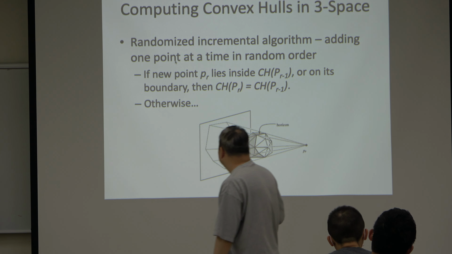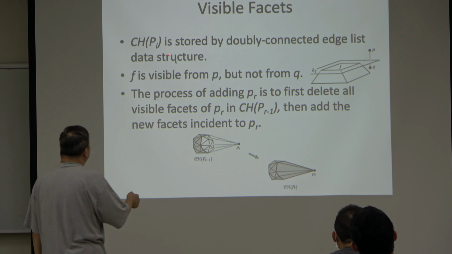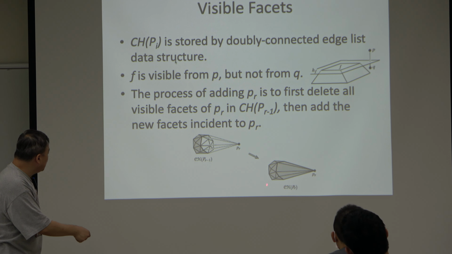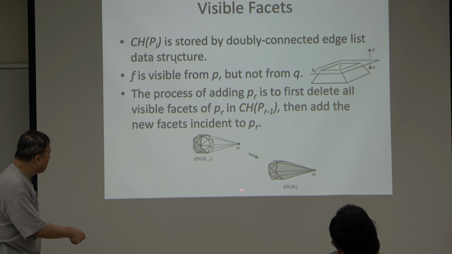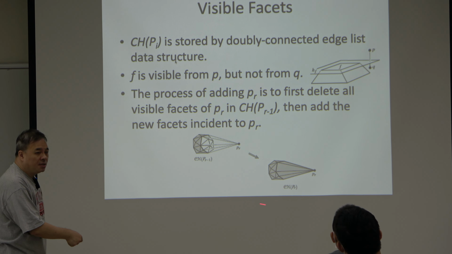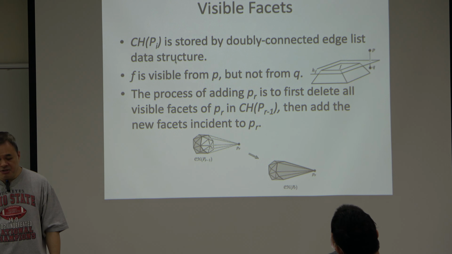So you can see that the result is going to be something like this, from CH(P_{r-1}) to CH(P_r), assuming PR is outside of the polytope. Very interesting.